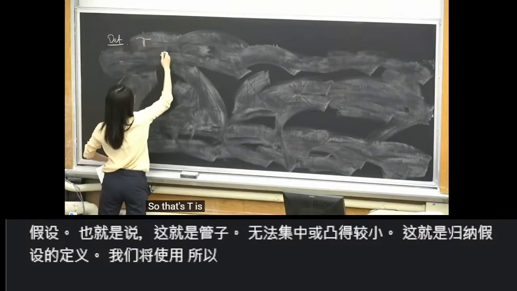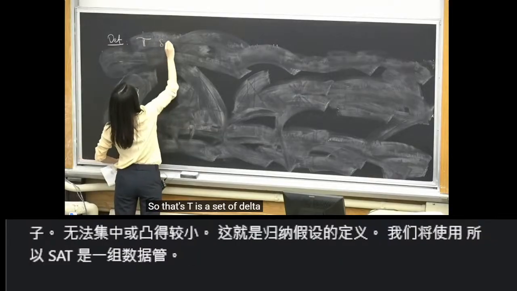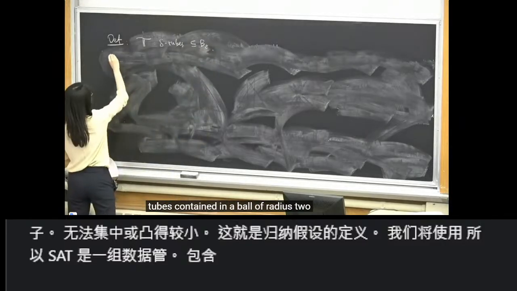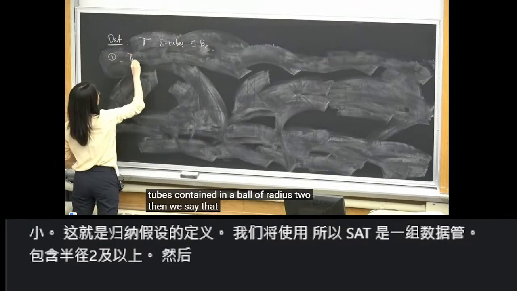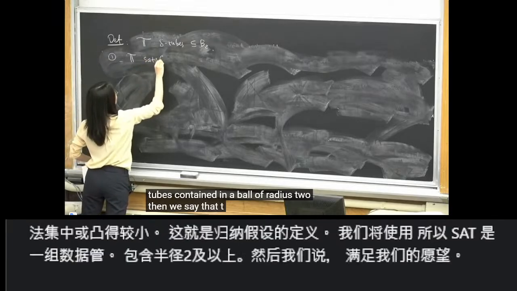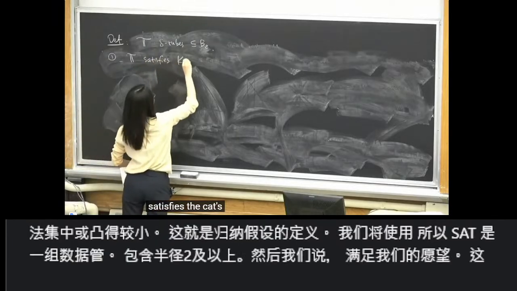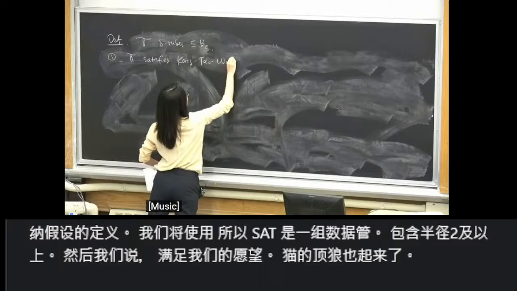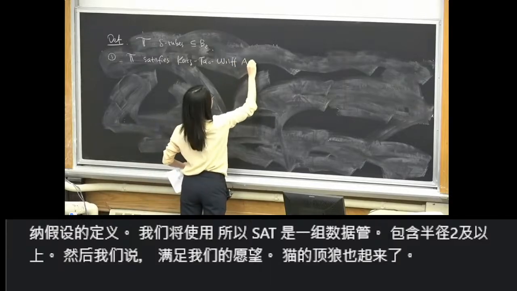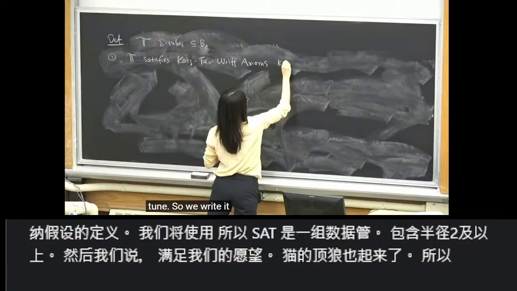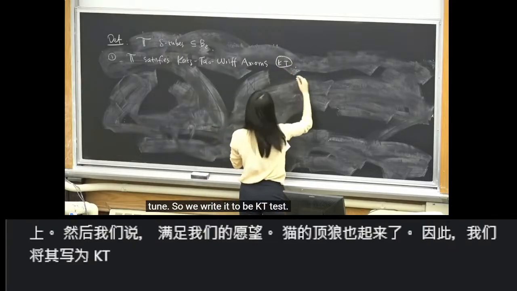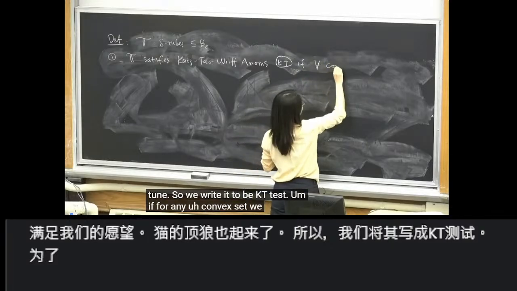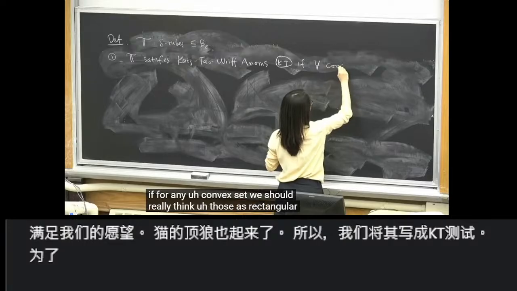So let's say T is a set of delta tubes contained in a ball of radius 2. Then we say that T satisfies the Kakeya-Wolff axiom, so we write it to be KT, if for any convex set, we should really think of those as rectangular boxes.